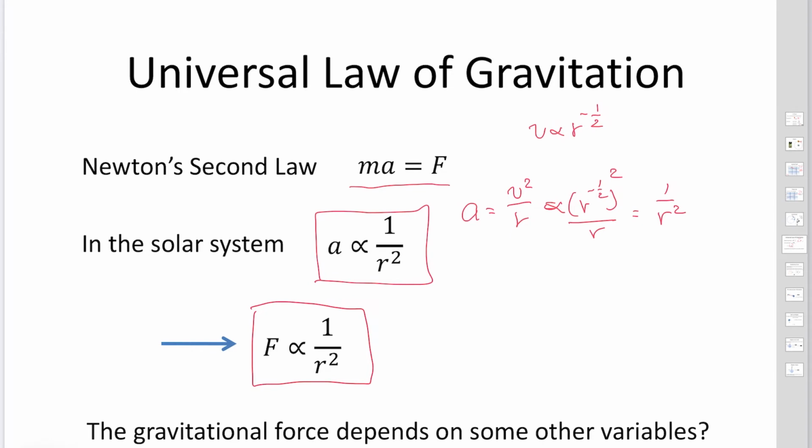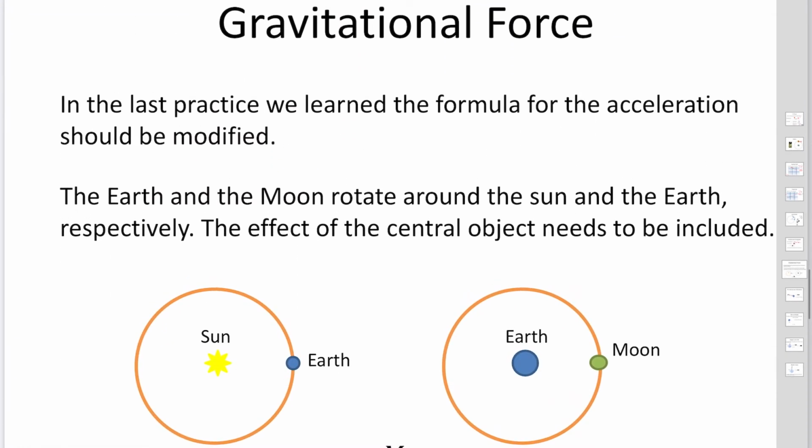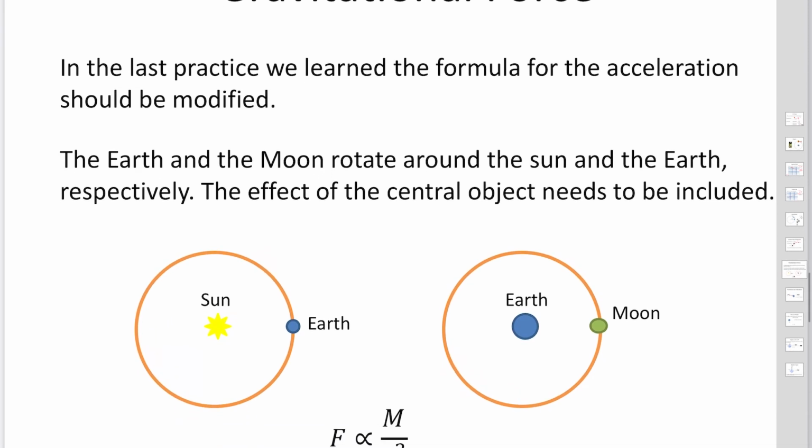So gravitational force depends on the distance between the two objects. The gravitational force depends on some other variables. The next question: in the case of the motion of the Earth, the Earth is rotating around the sun, and in the case of the Moon, the Moon is rotating around the Earth.